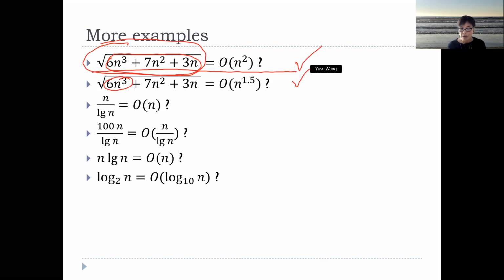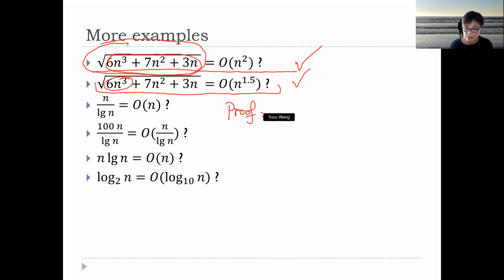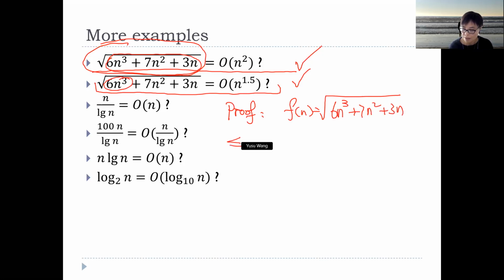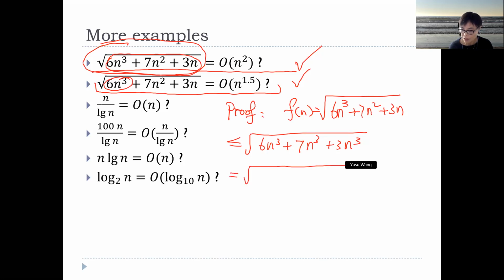Let me write it here. If I have to prove this, let's prove the second one. So f of n equals the square root of 6n cubed plus 7n squared plus 3n, which is smaller than 6n cubed plus 7n cubed plus 3n cubed, which is the same as 16n cubed.